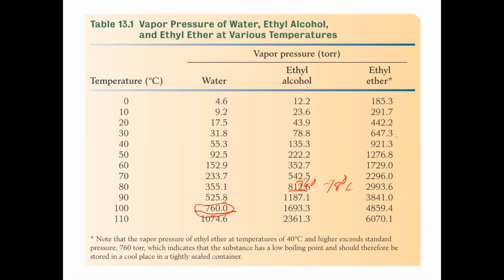For ethyl ether, 760 is in this place, so it'll boil at less than 40 degrees, so around 40.